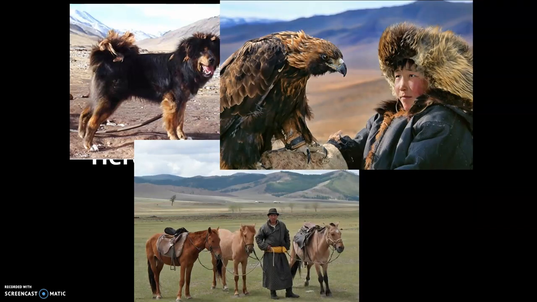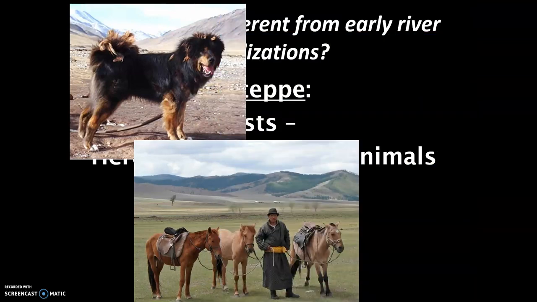And golden eagles, they actually would hunt with golden eagles. They would be able to train them to take down small animals, foxes, rabbits, things like that. So lots of domestication in the Mongolian world.